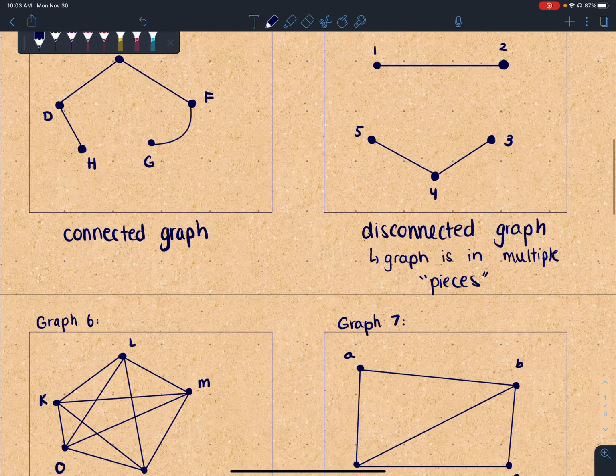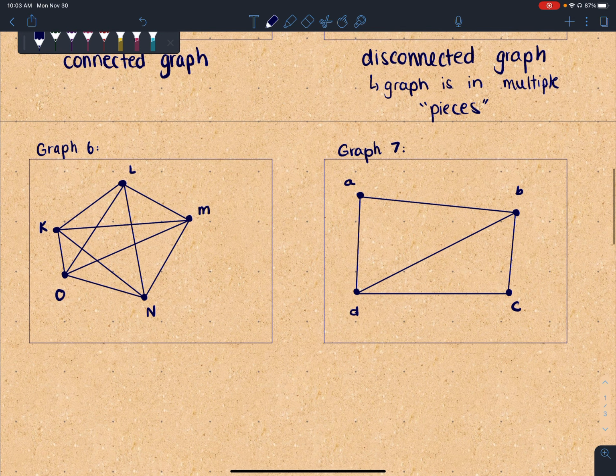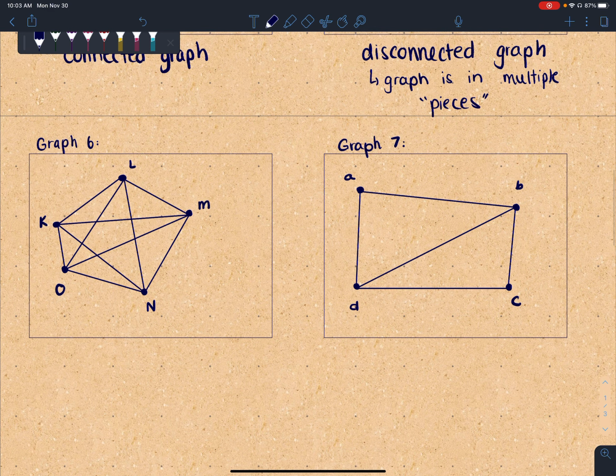Okay, moving on to the next part. We have graph 6 and 7, and what I want to show here is what's called a complete graph versus an incomplete graph.